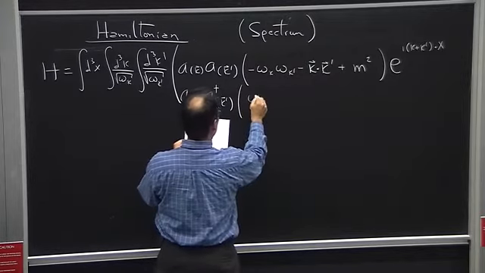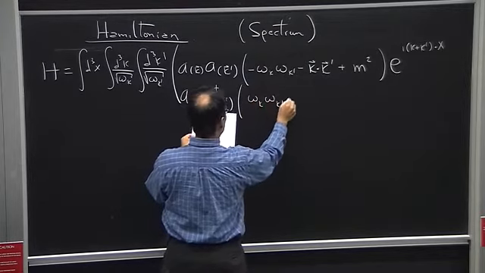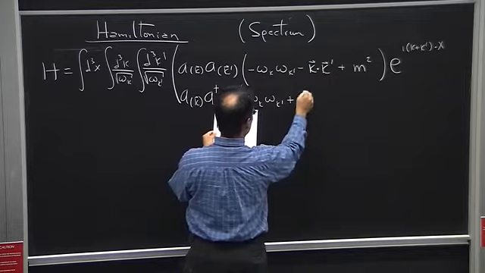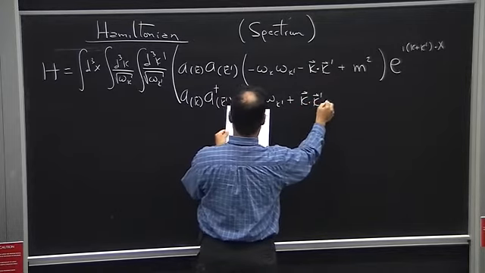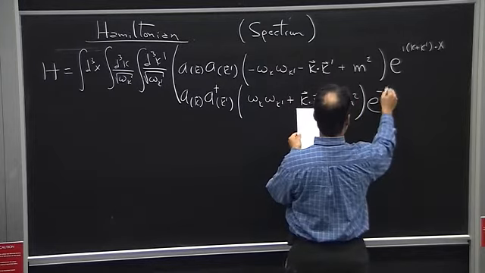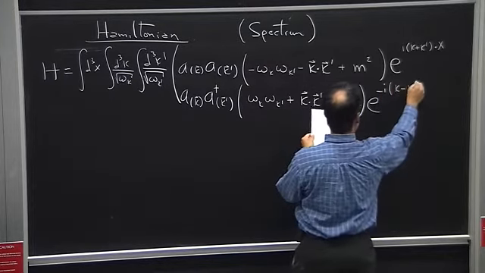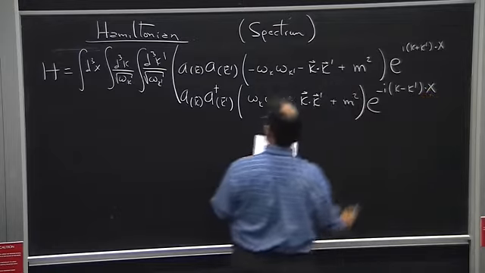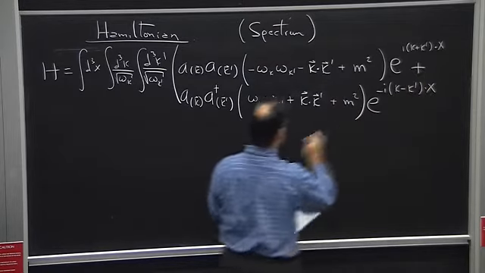Okay, so the next one in the list would be a of k and a dagger of k. And this one comes with this factor, exactly from the same kind of terms, but with an interesting change in signs. Okay, this is a plus. This is the next term.